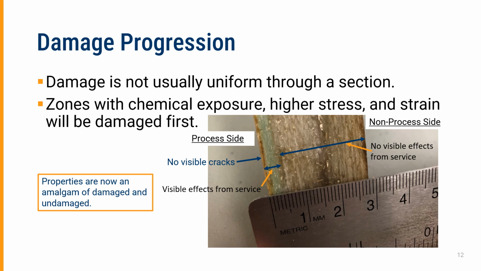There's no visible effects from service. So we actually have a very thick remaining portion of the FRP that doesn't look like it has any issue at all. The properties really become an amalgam or a mixture of the damaged area and the undamaged area.